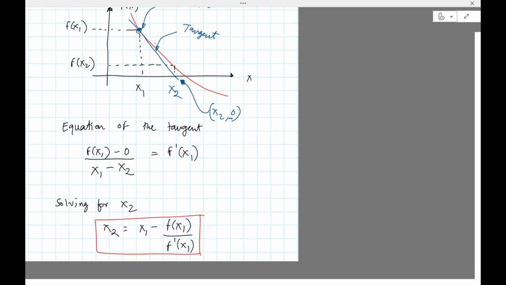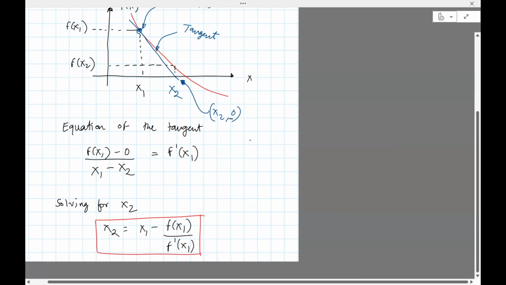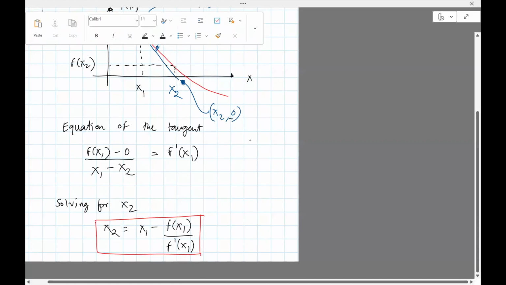So what's the problem with this method? Zero, yeah. If the slope is zero, then you're in trouble because then you cannot find the equation.